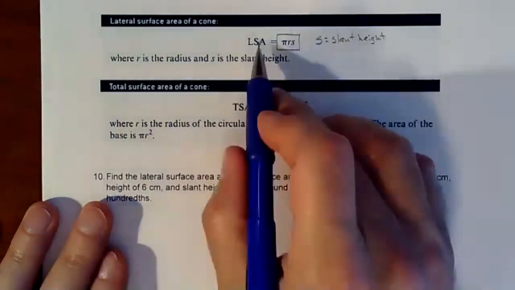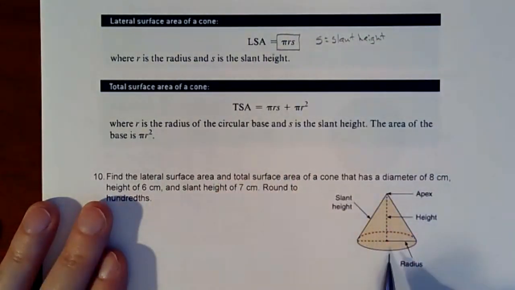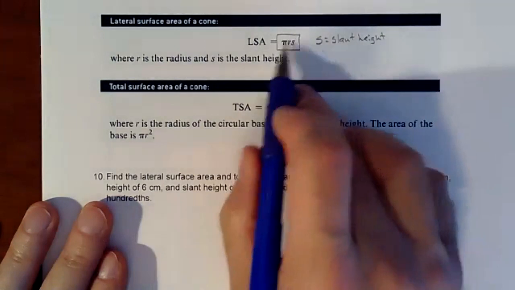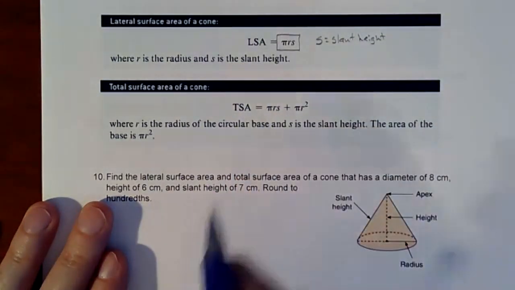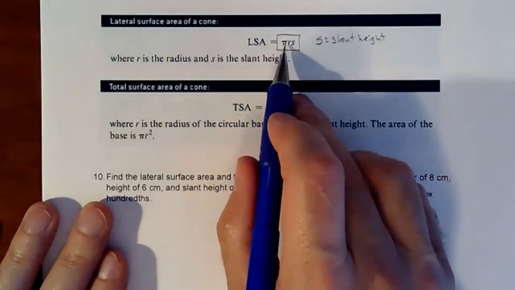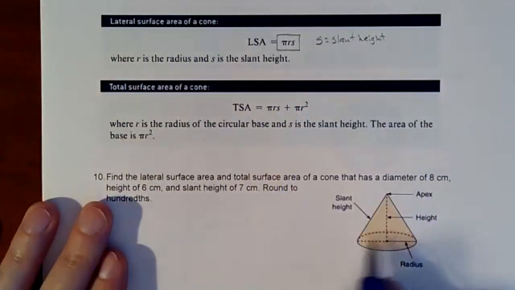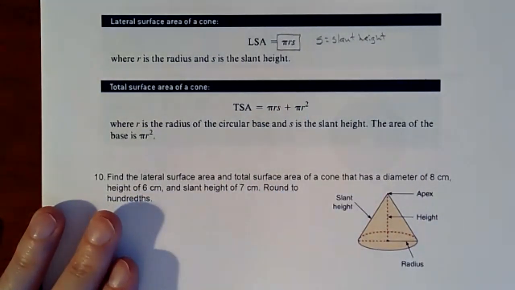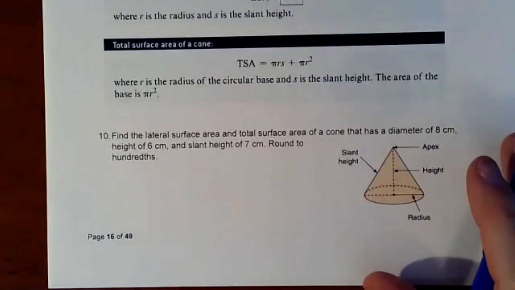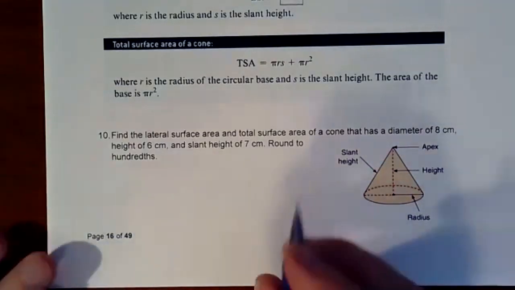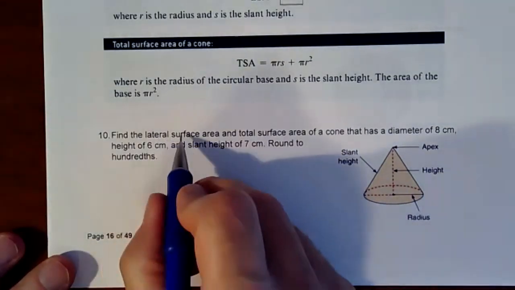Okay, so your lateral area is this part of it, not the bottom, and it's just that formula. And then your total is the lateral area plus the bottom. Bottom is just a circle. Okay, so let me at least just do the slant height one, and then we'll finish it up. We'll do the lateral surface area real quick.